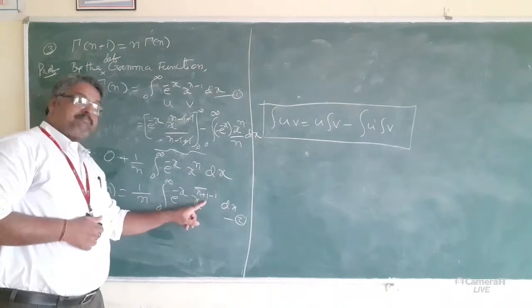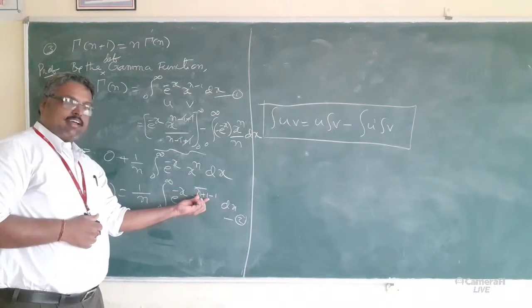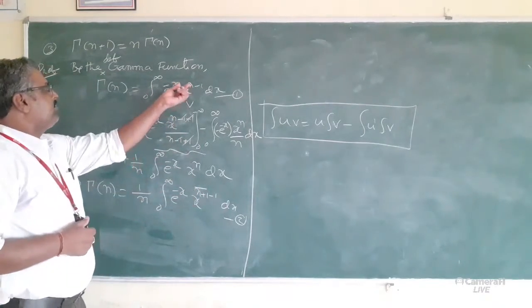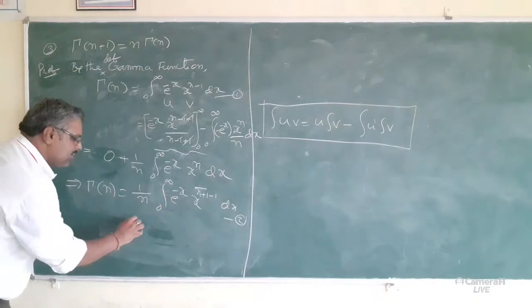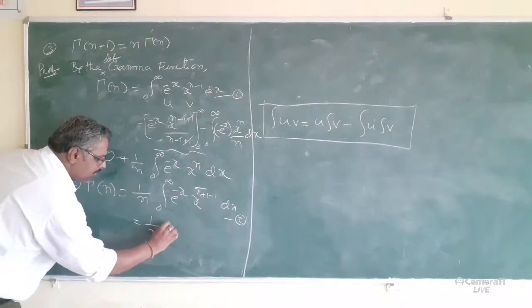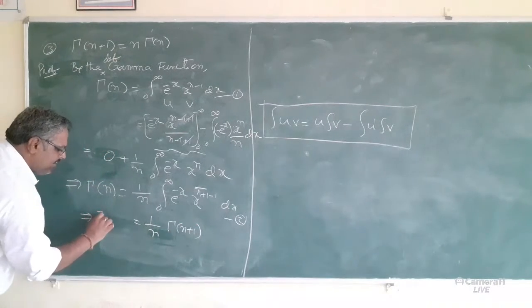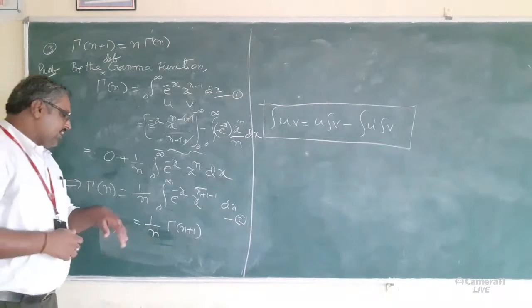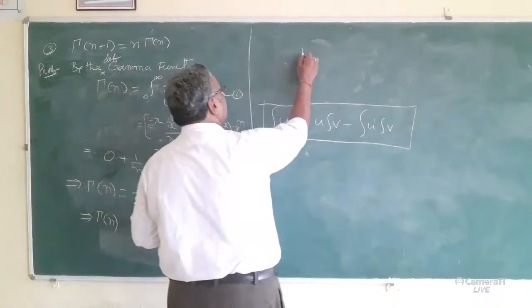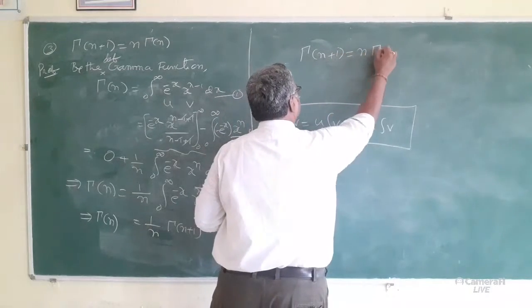Here x power n plus 1 minus 1 dx. In place of n, you will get n plus 1. So in place of n, this term is gamma n. In place of n plus 1, this term is 1 by n into gamma n plus 1. So left hand side is gamma n. Now rewriting the terms, finally you will get gamma n plus 1 equals n into gamma n.